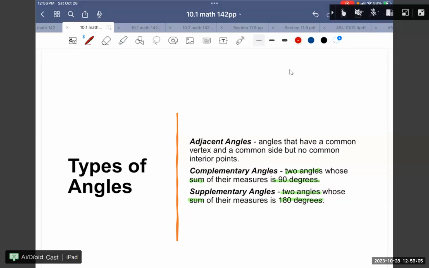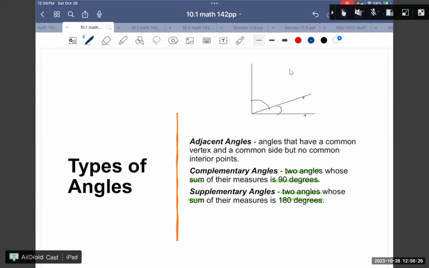So complementary angles and supplementary angles. For example, for complementary angles, we have this angle right here.